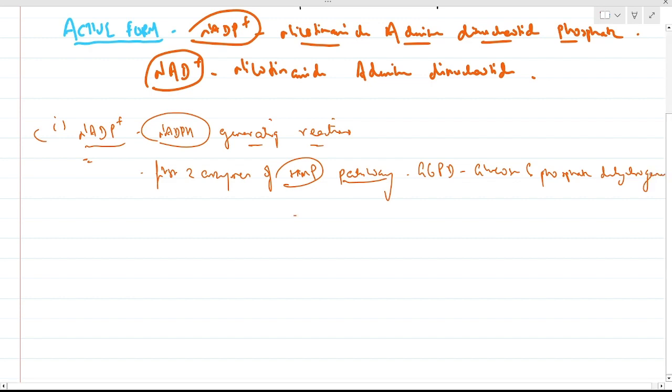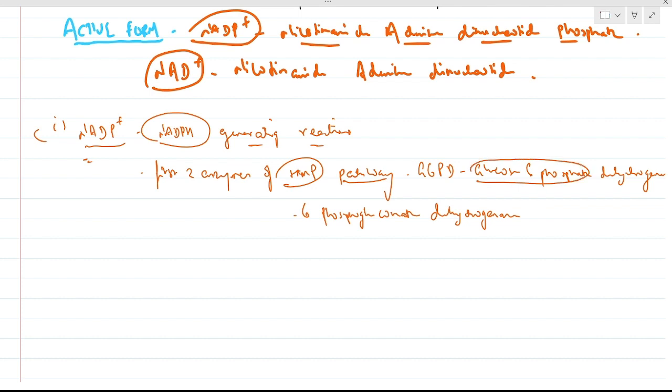The second enzyme in this pathway is 6 phosphogluconate dehydrogenase.